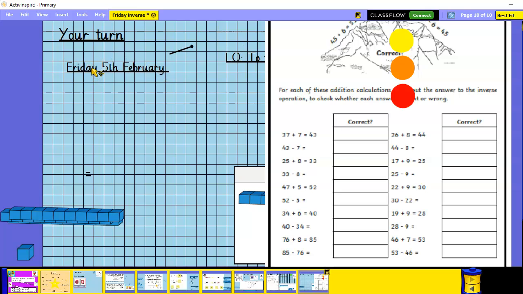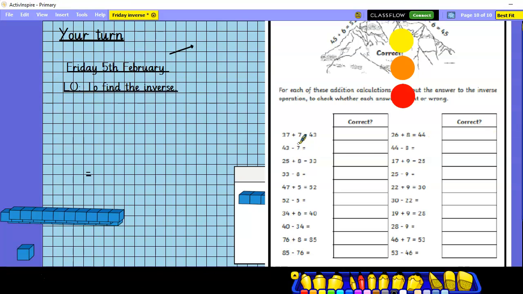I would copy the title, of course, and then I would copy this one. So it says 37, one number per box, remember, add 7 is equal to 43.